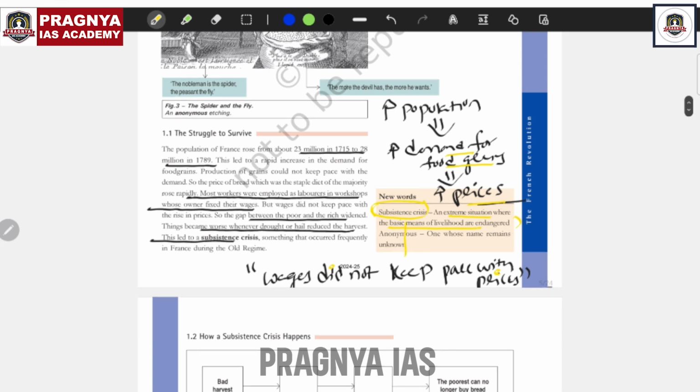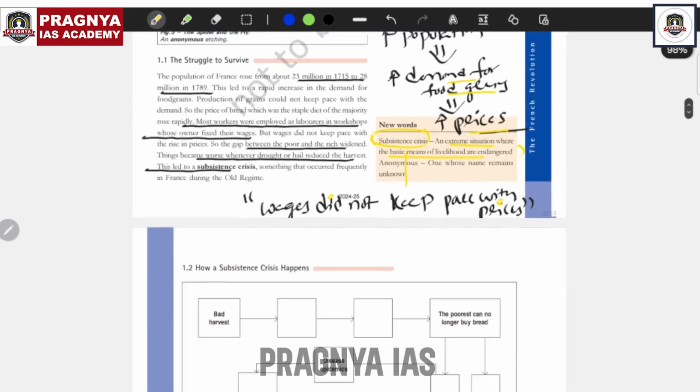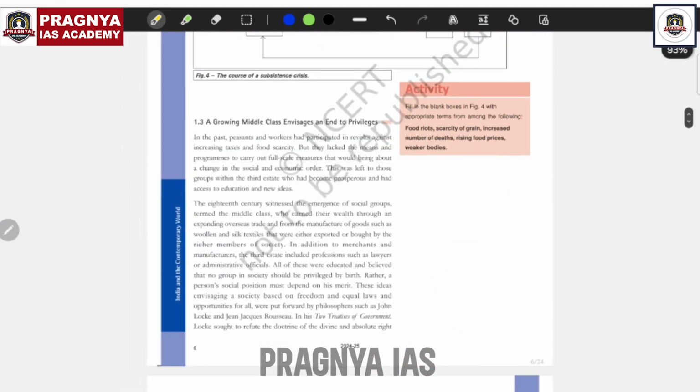And this is what it is. A growing middle class envisages an end to privileges. See, in the past, the peasants and workers had participated in revolts against increasing taxes and for food security.